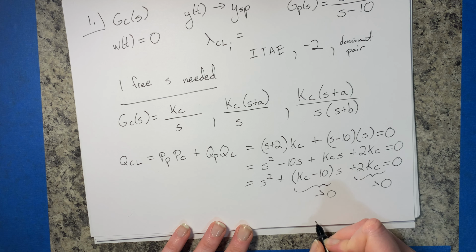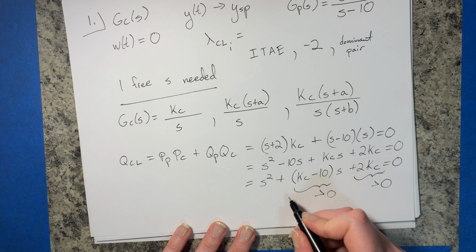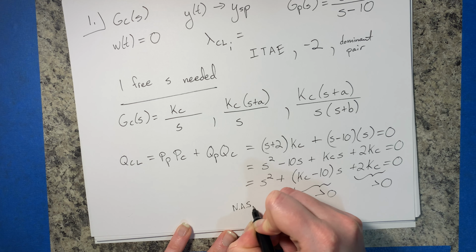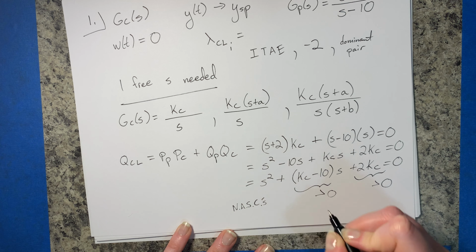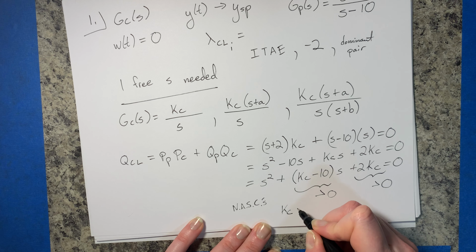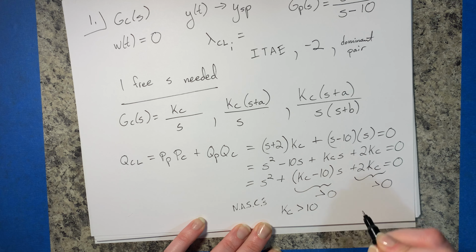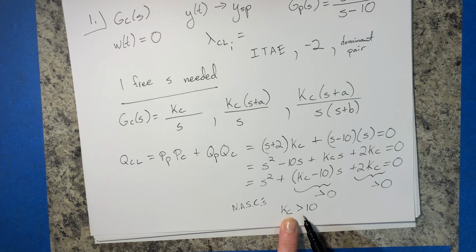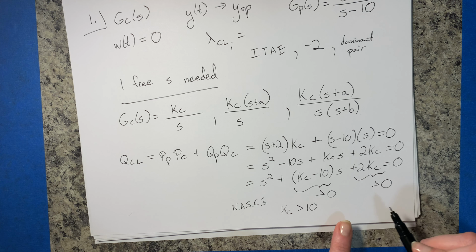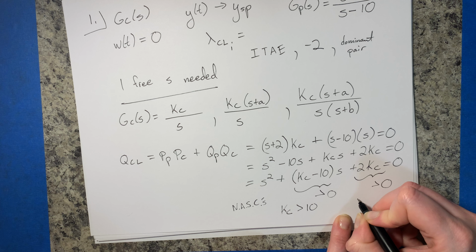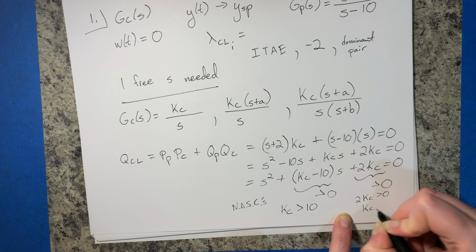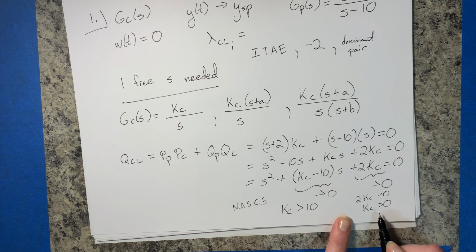For example, if we just look at the necessary and sufficient conditions, then we would have KC greater than 10. As long as KC is a value greater than 10, this will be satisfied. Then for 2KC greater than 0, as long as KC is a positive value itself, this one is satisfied.